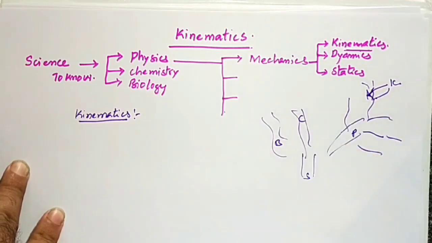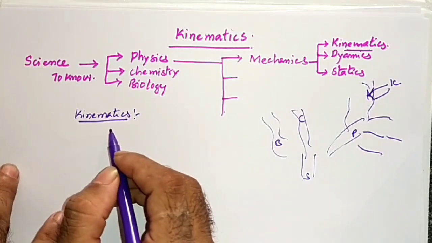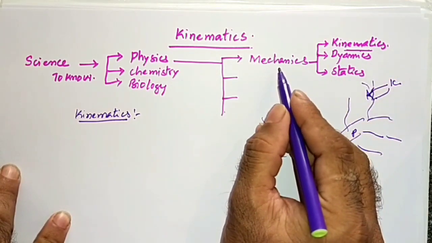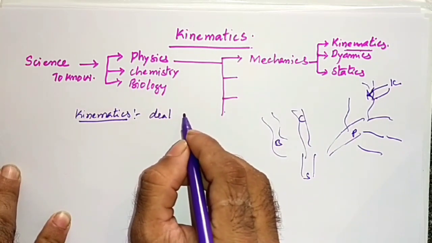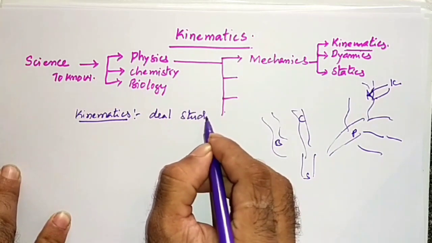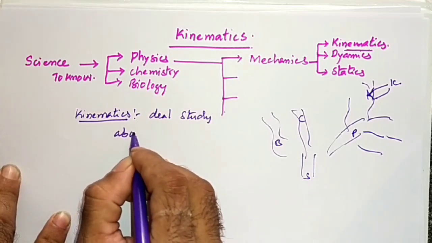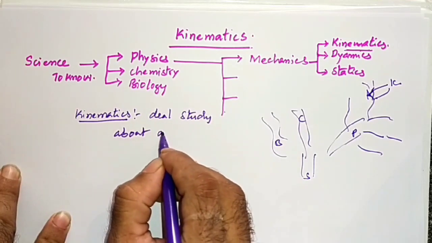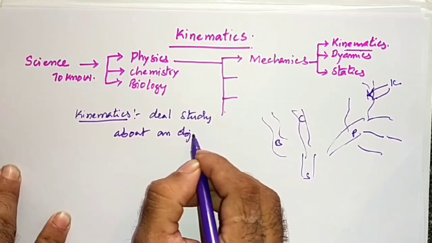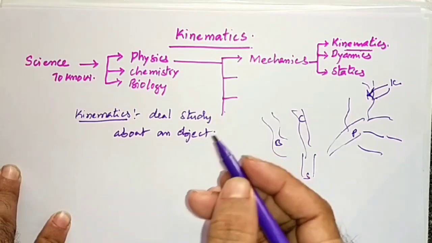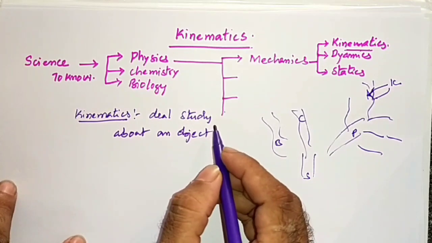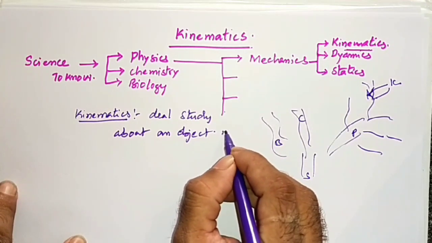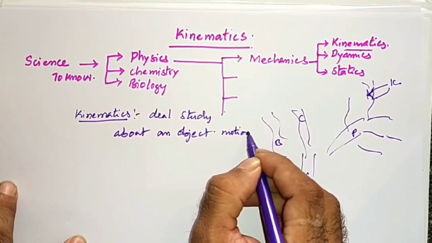One is kinematics. So kinematics is one of the branches of mechanics which deals with the study of an object. We are going to study an object when it is in motion or at rest.